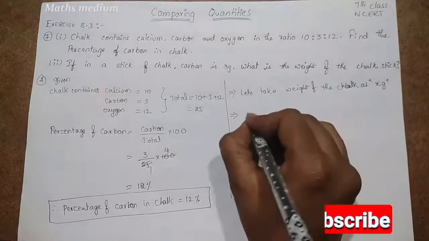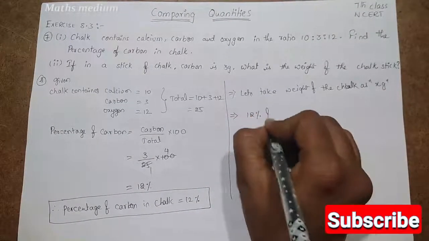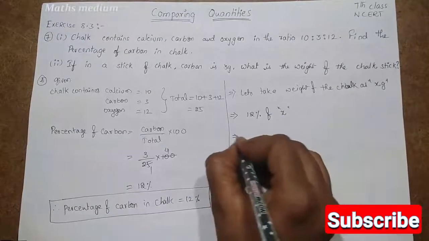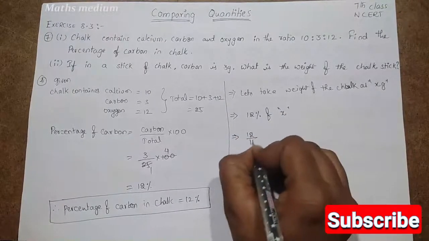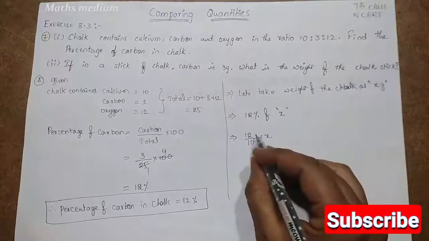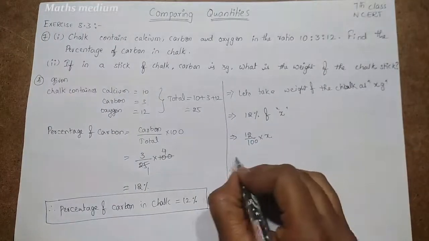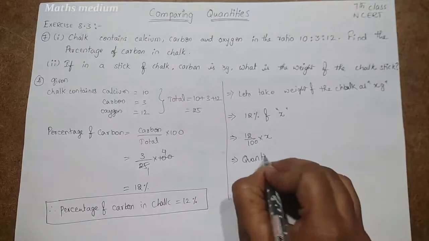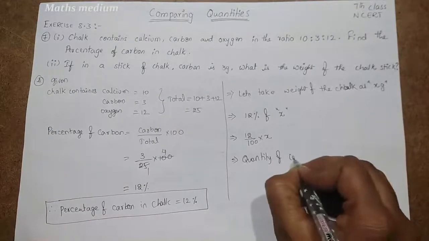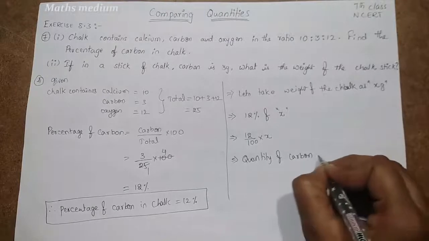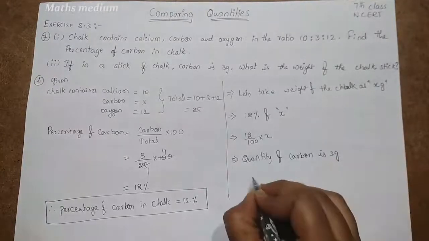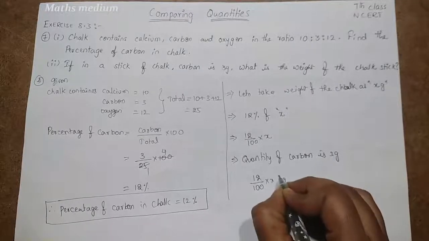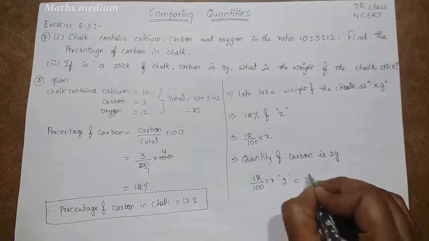So it is 12% of x, that means 12 by 100 into x. But here given quantity of carbon is 3 grams. Now 12 by 100 into x grams is equal to 3 grams.